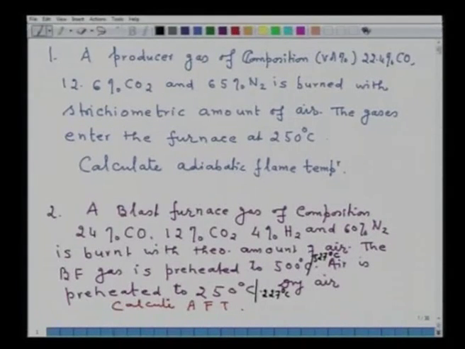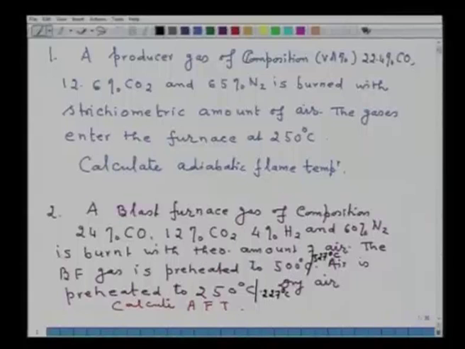You can calculate when the air is preheated to 250 or 227 degree Celsius, and the blast furnace gas is preheated to 500 or 527 degree Celsius, and then calculate the adiabatic flame temperature. I will be illustrating this particular problem by taking the preheat temperature of blast furnace gas as 527 degree Celsius and the preheat temperature of air as 227 degree Celsius. So, let me illustrate this problem now.